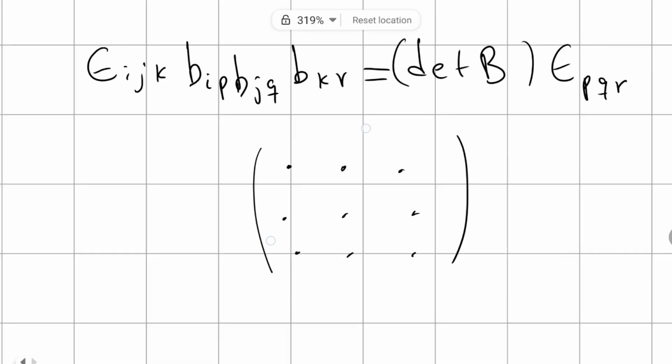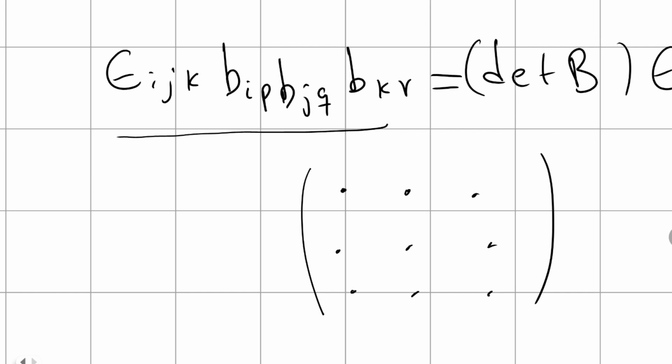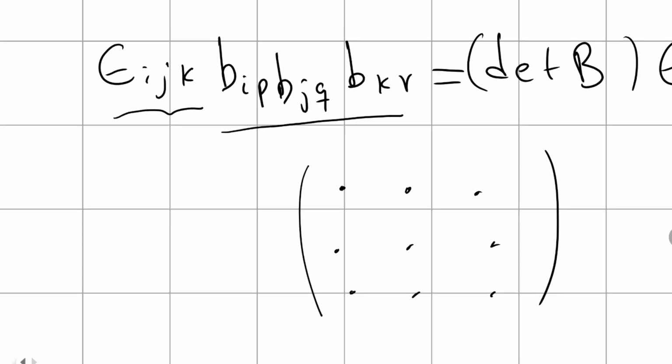If you examine this expression, you will see that i, j, and k cannot be the same. Those are the indices that represent the row of each element. They cannot be the same because the Levi-Civita tensor tells us that if j is equal to i, then the tensor is equal to 0. So every term that corresponds to the same rows is going to be equal to 0.